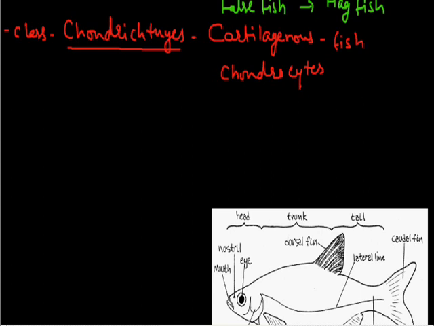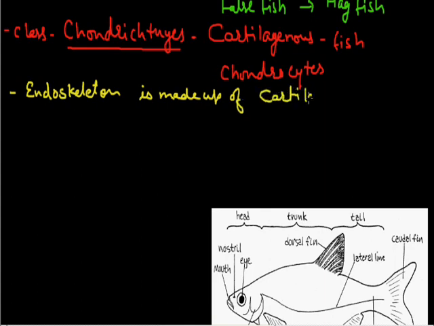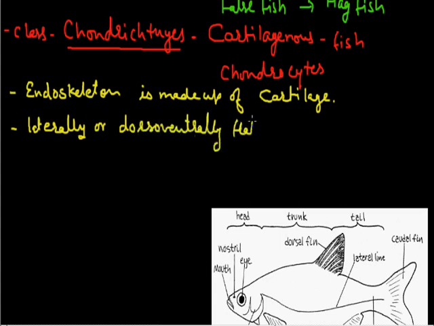In these fishes, the unique feature is that their endoskeleton is made up of cartilage. Now the next point: the animal body is laterally or dorsoventrally flattened.